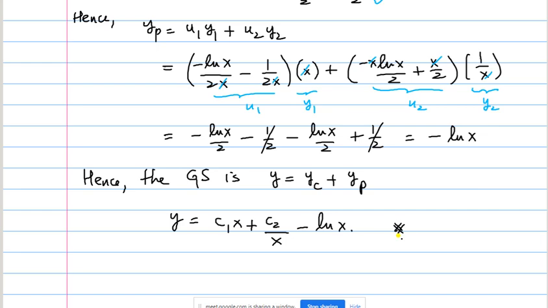Question 4.6. This is the same as this, variation of parameters. Let me check if there is any difficulty. In 4.6, what do you have?